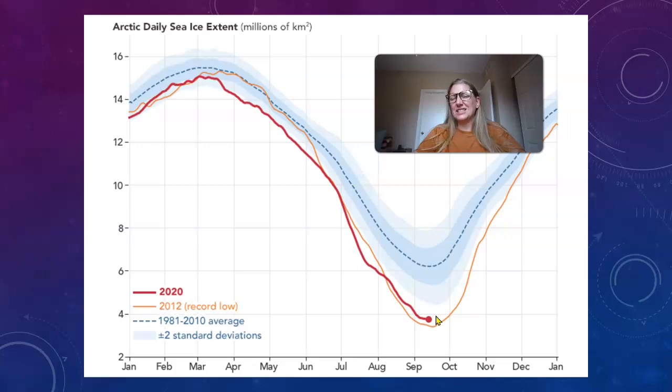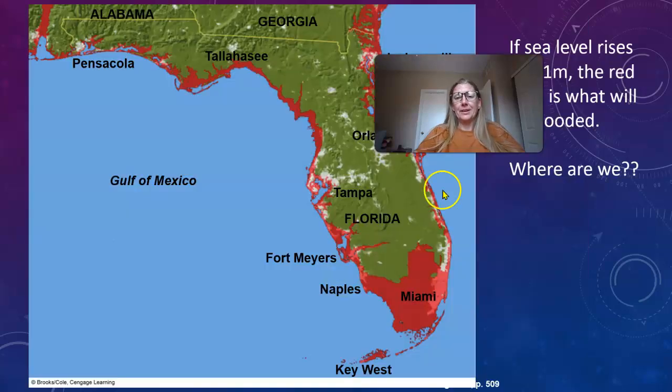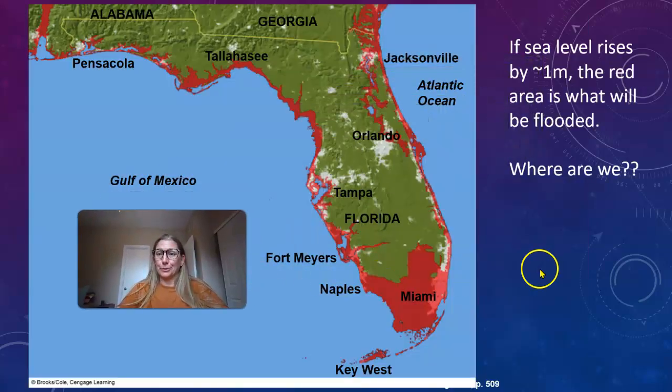That's, again, not looking so great for things like polar bears. This map here, bringing it back to Florida for a minute, the red areas will be flooded if sea level rises by about 3 feet, 1 meter. Think about where we are. What does that mean for us? Things to think about.